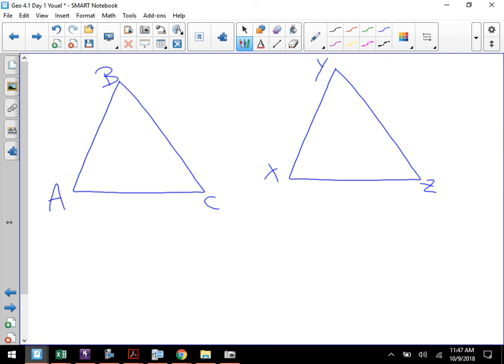If angle A is 65, angle C is 70, and I know that these triangles are congruent, if I know those 2 things, what can I say about angle X? Congruent to A, which makes it how much?